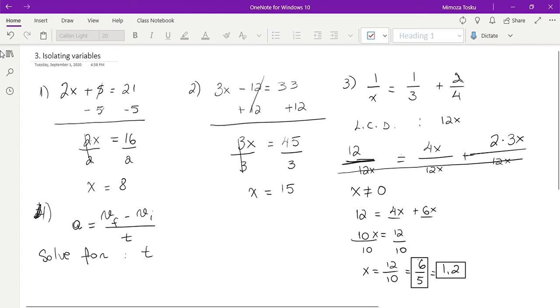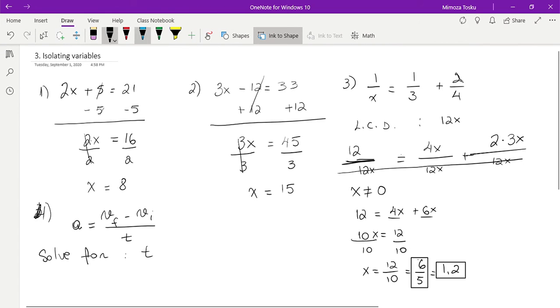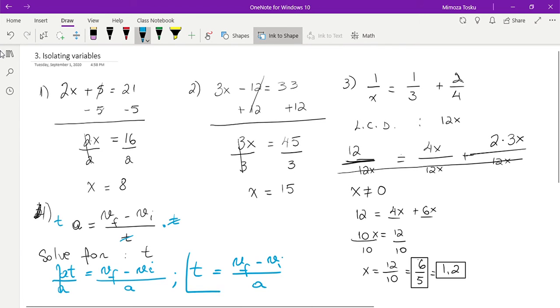In this case, I will use a different color so that you can see that we are multiplying both sides by t, and then we will have at is equal to v final minus v initial, and dividing both sides by a, canceling it out, so t will be equal to v final minus v initial over a.